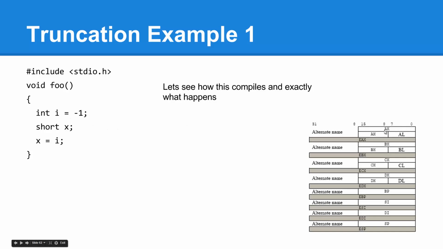And that is at the assembly level. If we have i loaded into EAX, then the short would simply be AX for what part of that it would retrieve. So half of it would be lost. In other words, the more significant half would be truncated off.